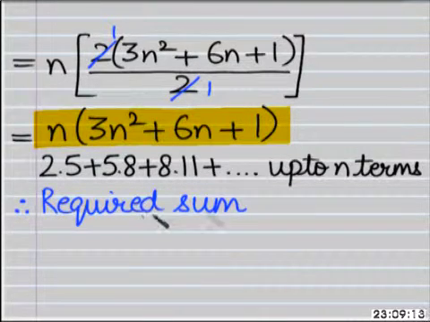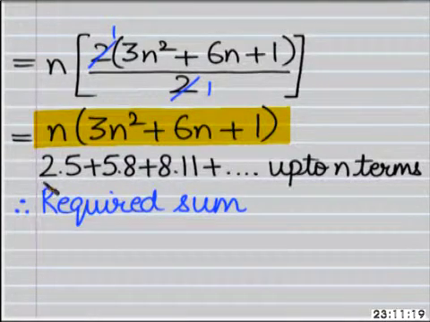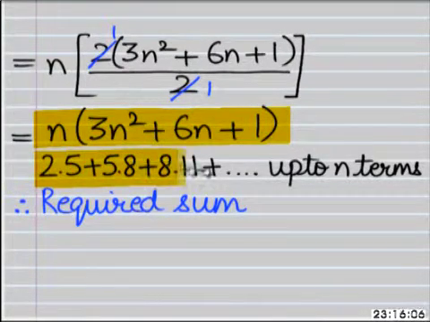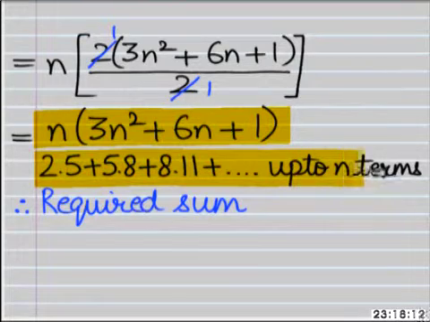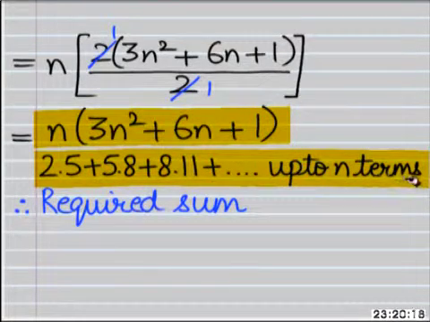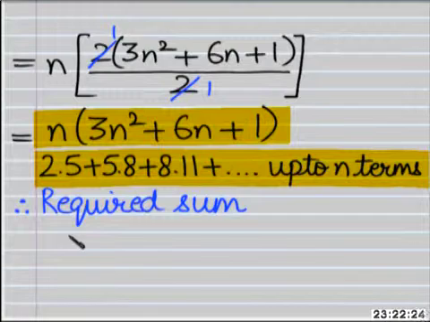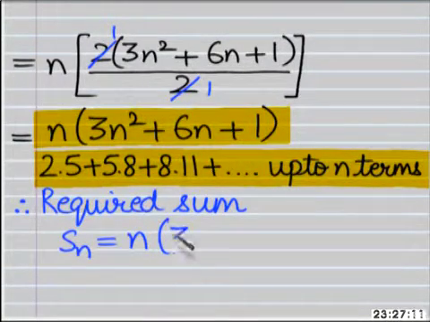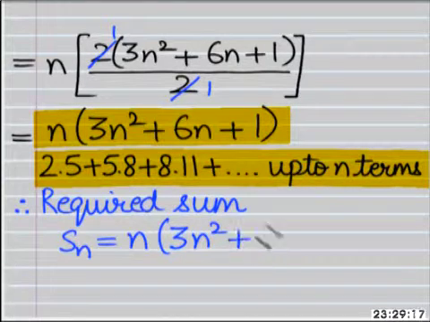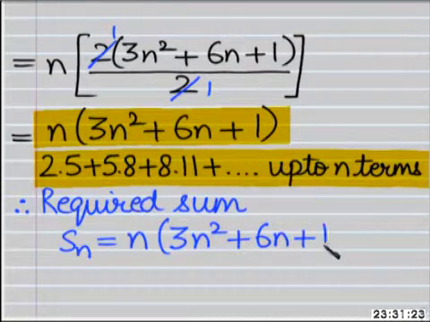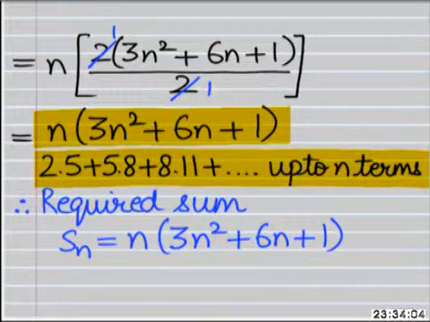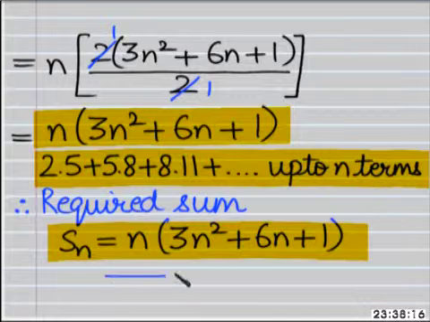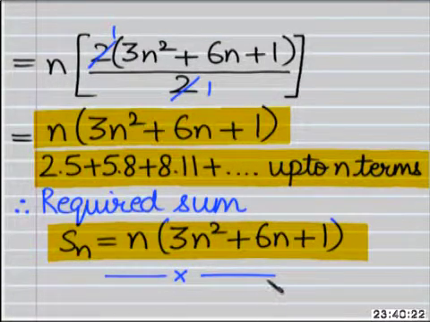Therefore, required sum of the given series, that is 2 into 5 plus 5 into 8 plus 8 into 11 plus so on up to n terms, that is Sn is equal to n whole multiplied by 3 into n square plus 6 into n plus 1, which is the required solution.